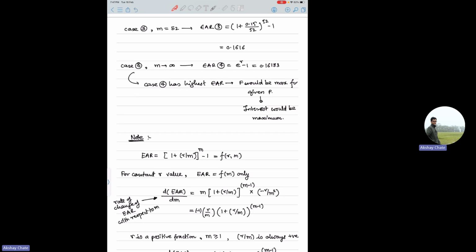Plus by m raised to m minus 1. R is a constant, correct? dy by dm.